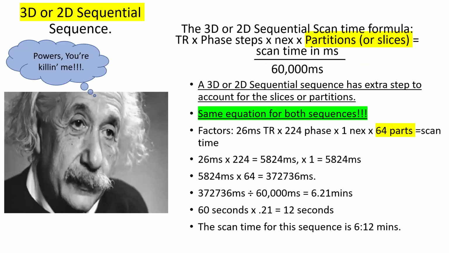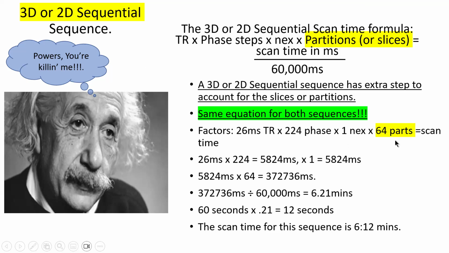Now, the last variation here is for a 3D or a 2D sequential sequence. Remember I said yesterday, read the whole question, know what's being asked. If they say, in this pulse sequence, what's your scan time? They give you a TR, a phase, a NEX.